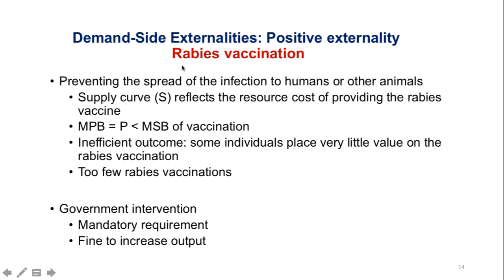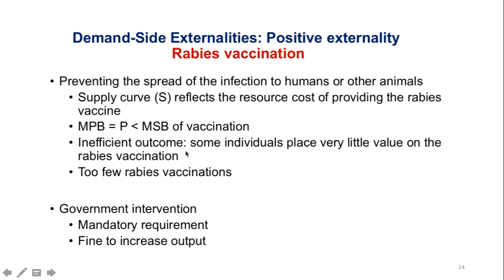For example, if there is a positive externality from rabies vaccination, then preventing the spread of the infection to humans or other animals has an external benefit to the society. The supply curve in that case reflects the resource cost of providing the rabies vaccine, with the marginal private benefit equal to price, which is less than the marginal social benefit for vaccination.